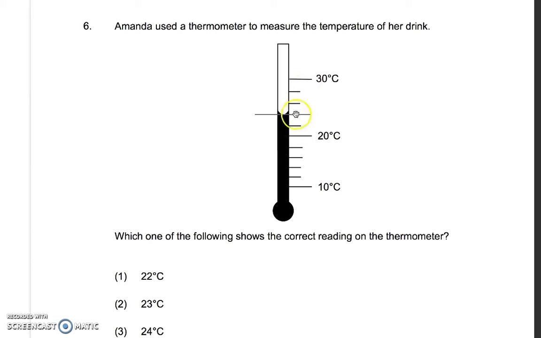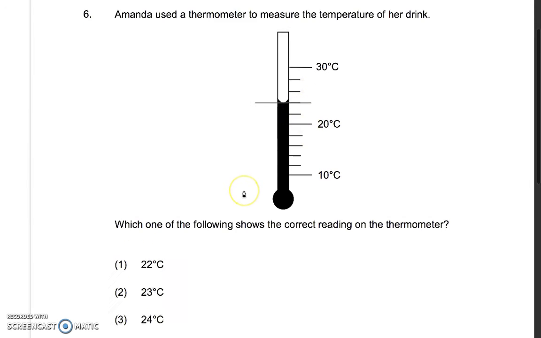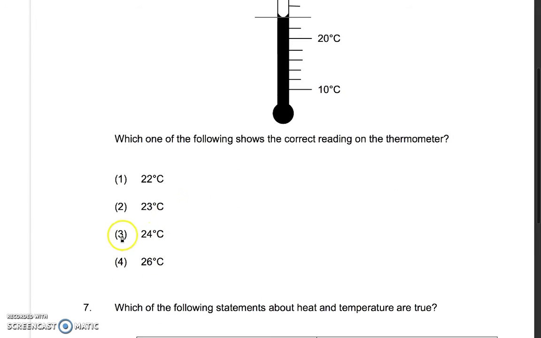So there's 1, 2, 3, 4, 5. So there's 5 divisions between 20 and 30, which means that each division represents 2 degrees. Okay, so this will be 22 and this will be 24. So therefore, the correct reading should be number 3, 24.